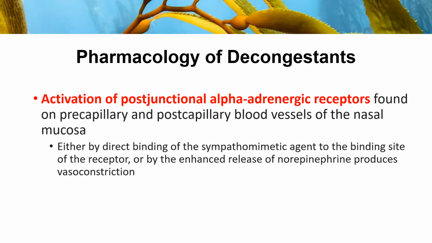Activation of these receptors by either direct binding of the sympathomimetic agent to the binding site of the receptor or by the enhanced release of norepinephrine produces vasoconstriction. Such vasoconstriction decreases blood flow through the nasal mucosa and results in shrinkage of this tissue. Decongestants can be administered topically, directly onto the nasal mucosa, or orally.